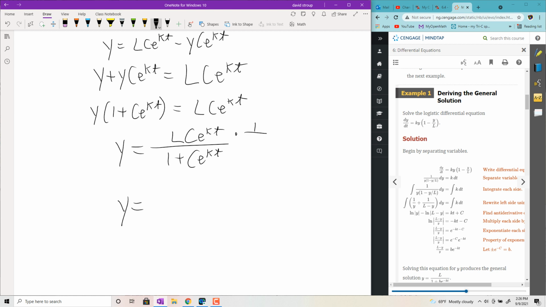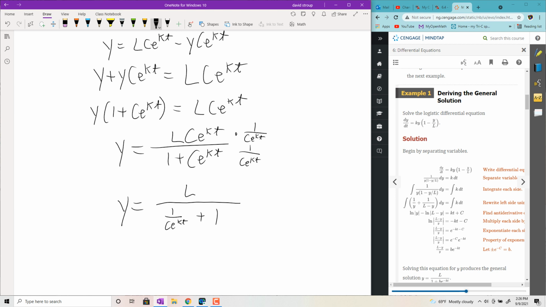We'll just have to do some fancy footwork here in a sec. In the numerator, you just end up with L, the limiting capacity. And the denominator, if you distribute, you get 1 all over c e to the kt plus 1.